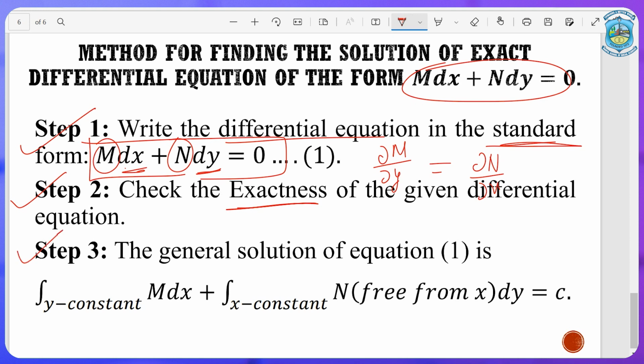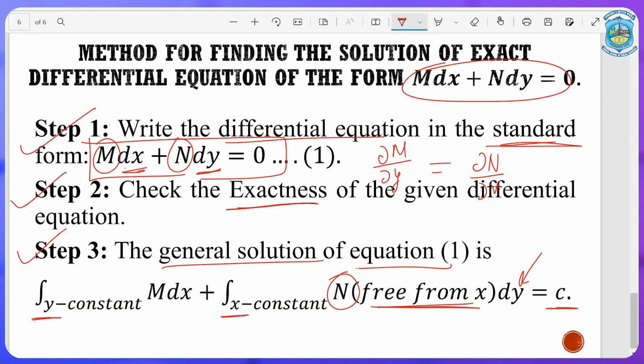Now, the last step is that you have to find the solution or the general solution of the given differential equation, which is exact. This formula is given by integration of M dx, here we treat y as constant, and integration of N, where only those terms of N will be considered which are free from x, and we will integrate it with respect to y, treating x as constant, and that is equal to c, where c is the constant of integration.